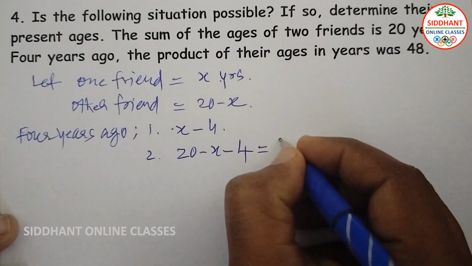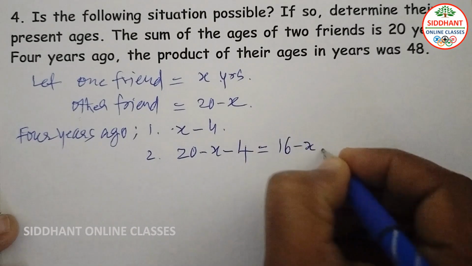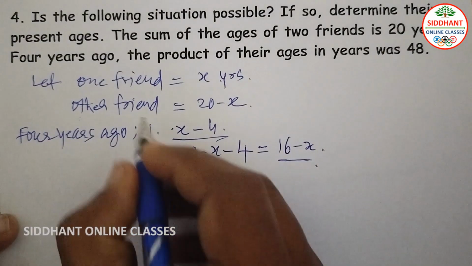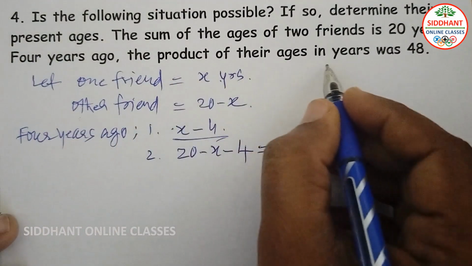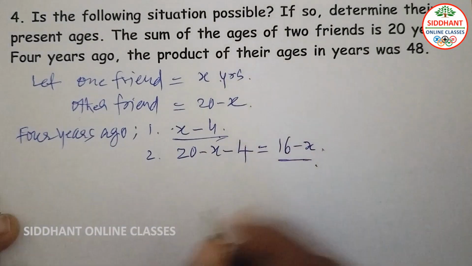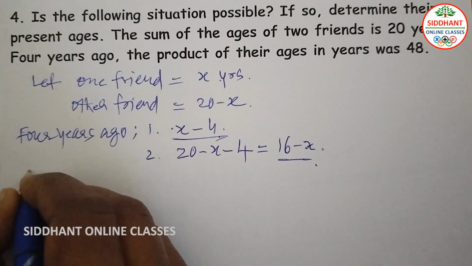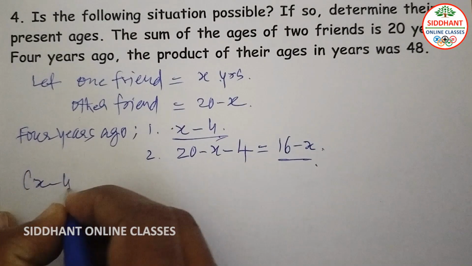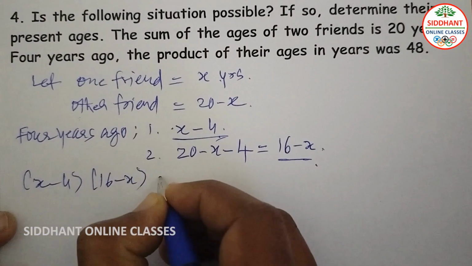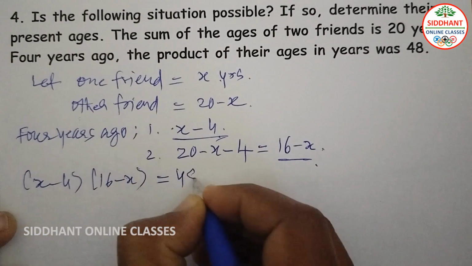So that will be 16 minus X. So this is the ages 4 years ago. And in the question they have given the product of their ages in years was 48. So this and this product is 48. That means X minus 4 into 16 minus X equal to 48.